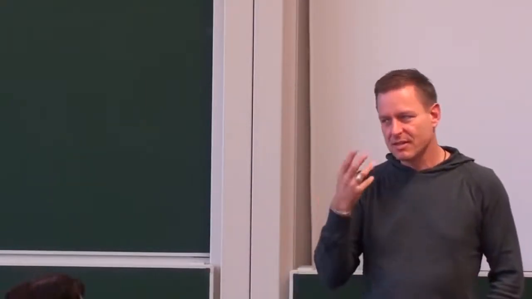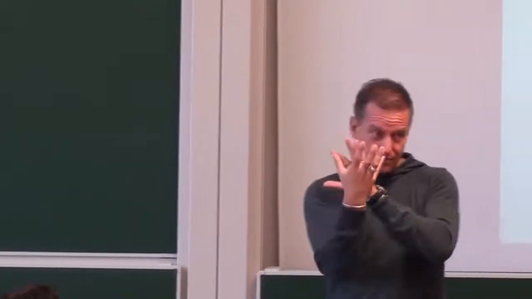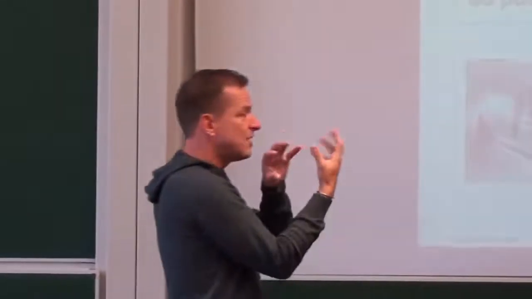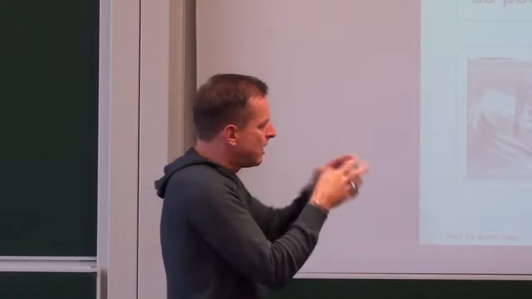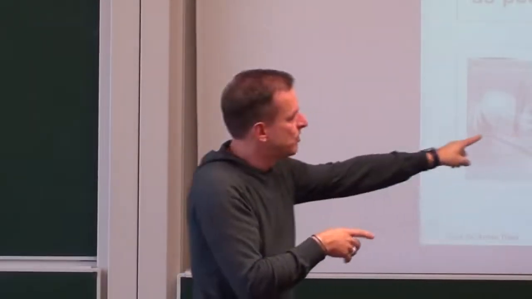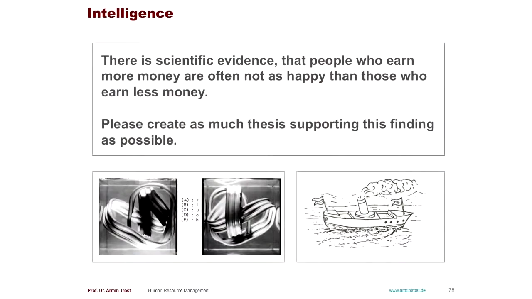And in some jobs you really have to have this ability of three-dimensional imagination. The right one is taken from an intelligence test version which you use for kids. It's the same again.